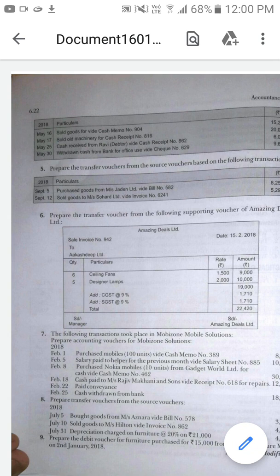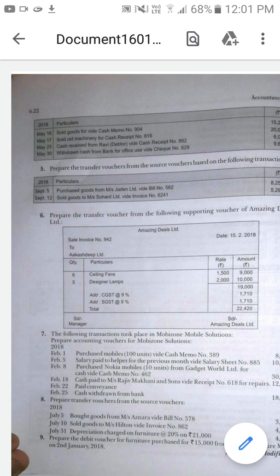So by seeing sales invoice number 942, this voucher is related to credit sales. Understood? Credit sales. In a transfer voucher only credit sales and purchases come, but we have to know whether it is a credit sale or credit purchase. The sales invoice indicates that it is a credit sale.